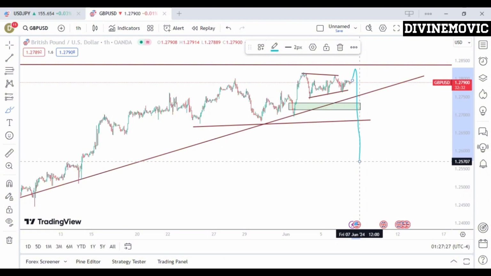So if price does this first, that means if London stocks are open and price starts going to the upside, I'm simply looking for a sell at the NFP. But if price is going to the downside, then I'm looking for a buy for the NFP. Alright? So basically this is my speculation on GBPUSD today being NFP, and I'm not going to take any trade today.